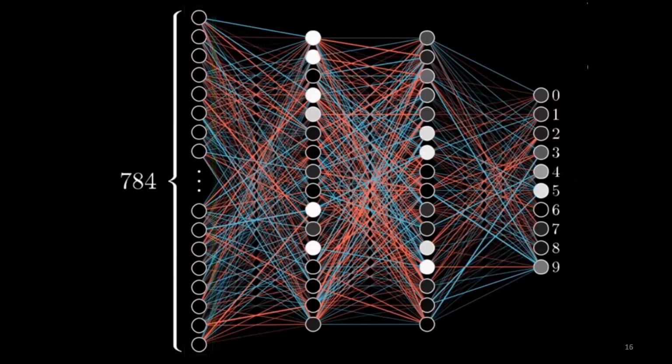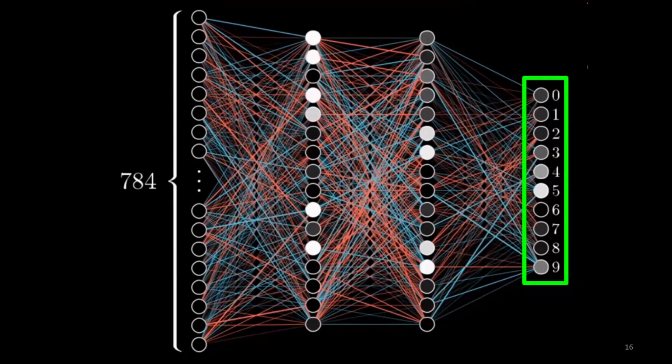We also have an output layer, and this is where we finally see the decision. Basically, the output node with the highest activation is the one that gets chosen as what the network saw.